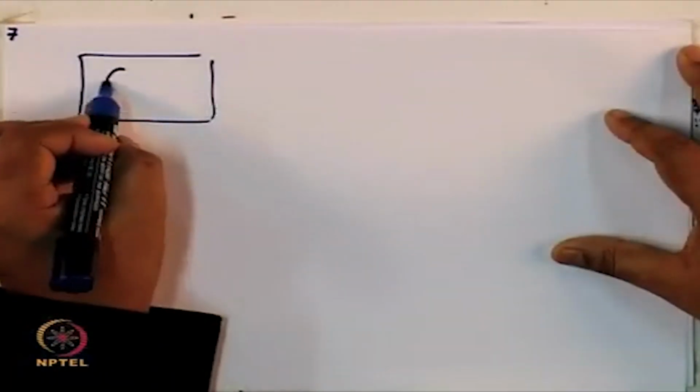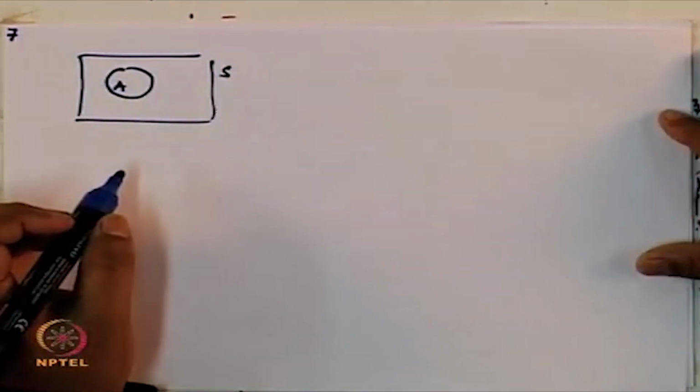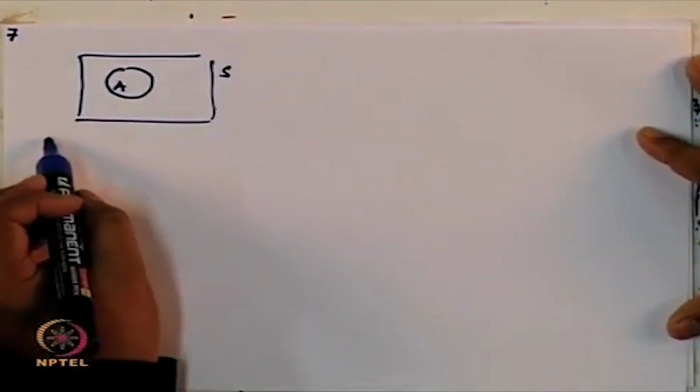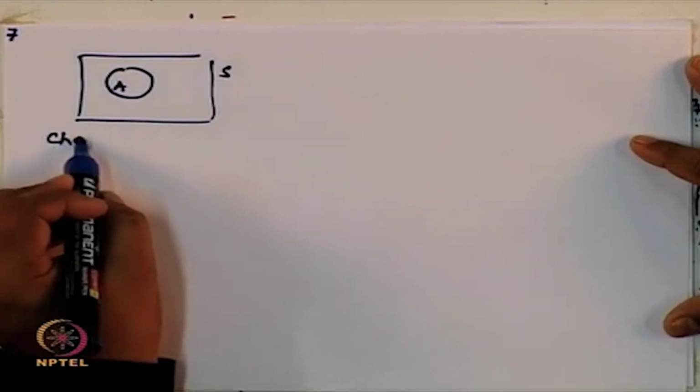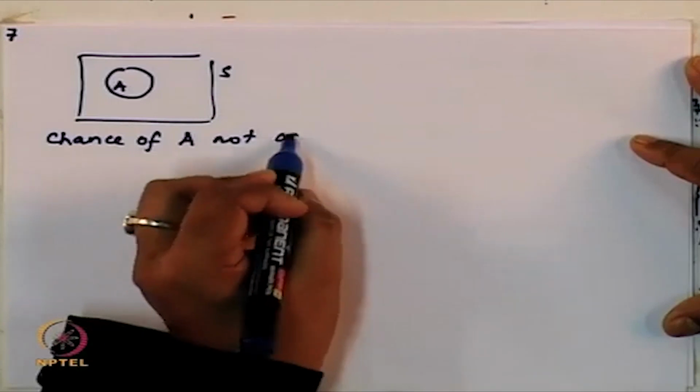This is slide 7. Now, if you have an event A, let us say, which is here, this is my sample space. What is the chance of A not occurring?